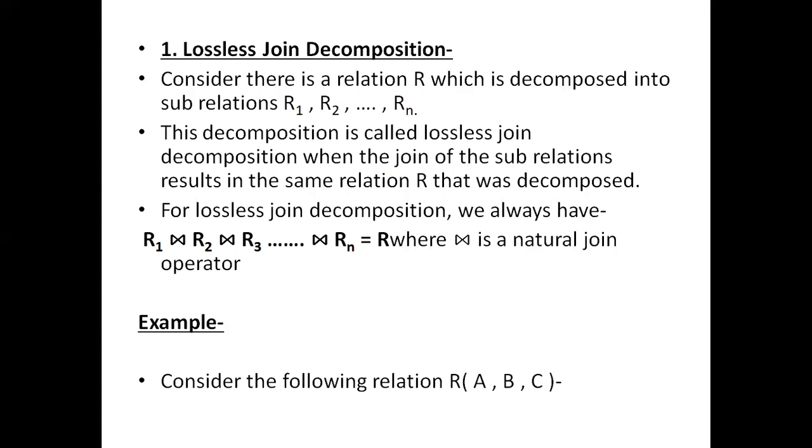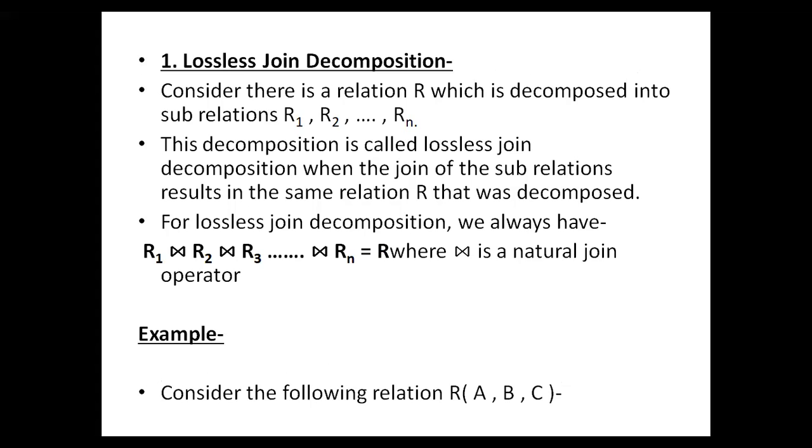If there is a relation R which is decomposed into sub-relations R1, R2, and so on up to Rn, the decomposition is called lossless when the join of the sub-relations results in the same relation R that was decomposed. What does this mean?